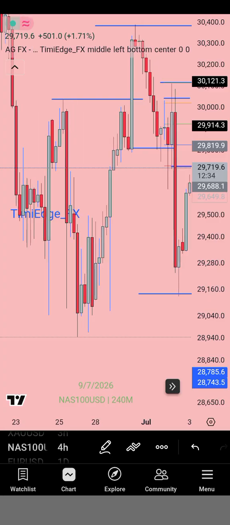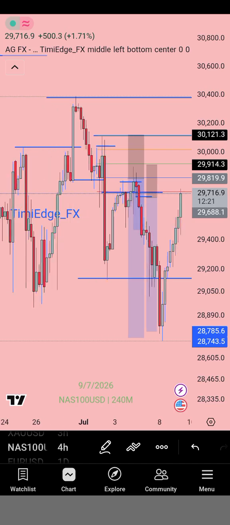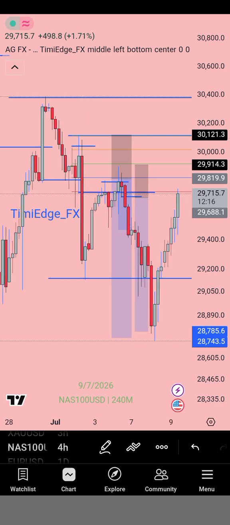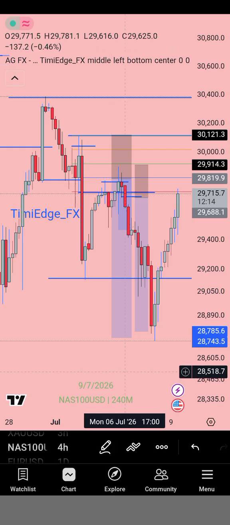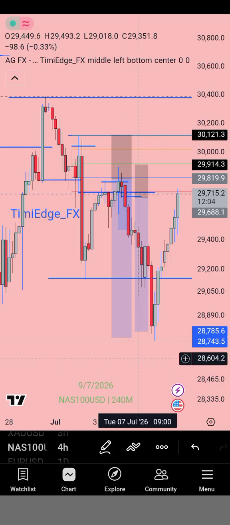And then price goes on like that, right? Price goes on like that, and that was how I was able to spot my entry. Because if I had not entered on that level, I wouldn't have entered at all, because the entry would have been missed, especially with how they positioned the London entry.